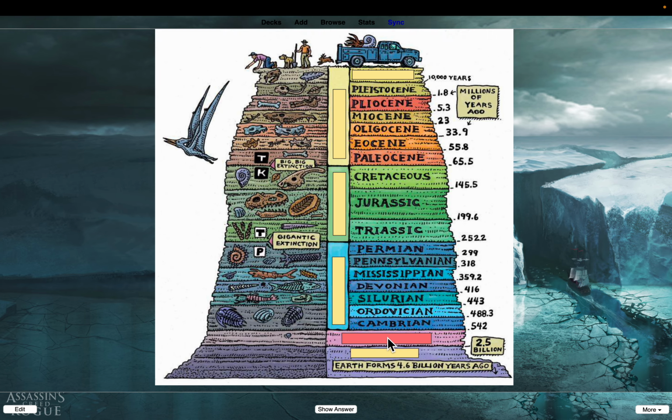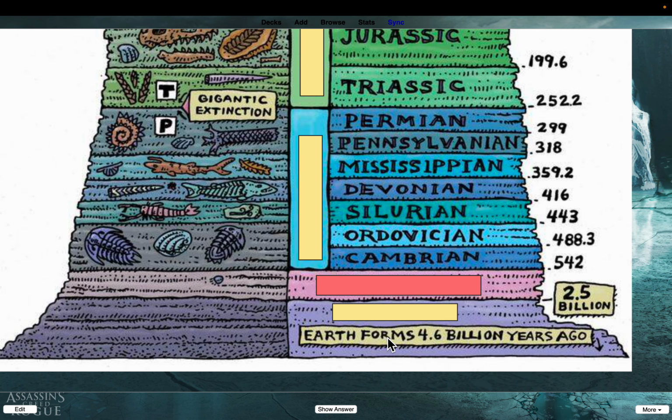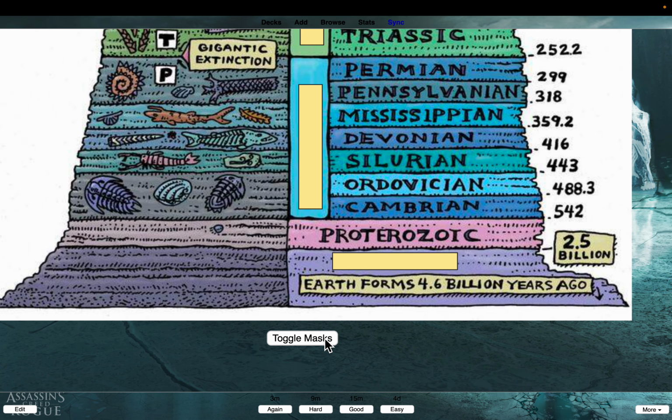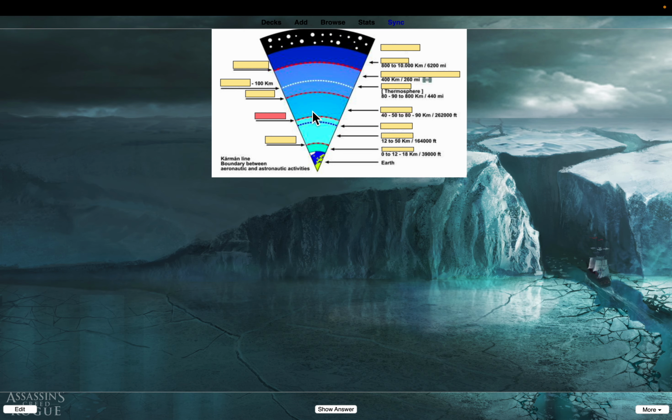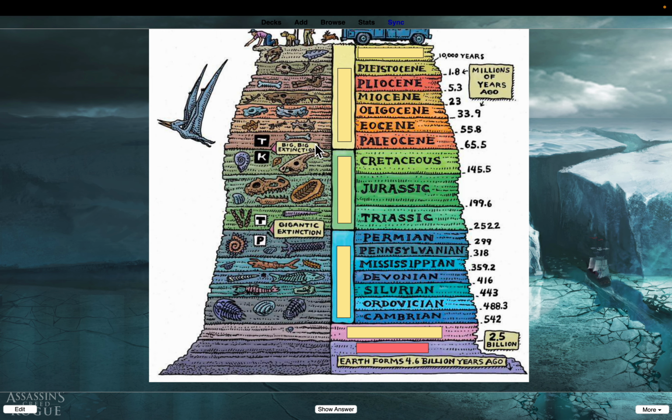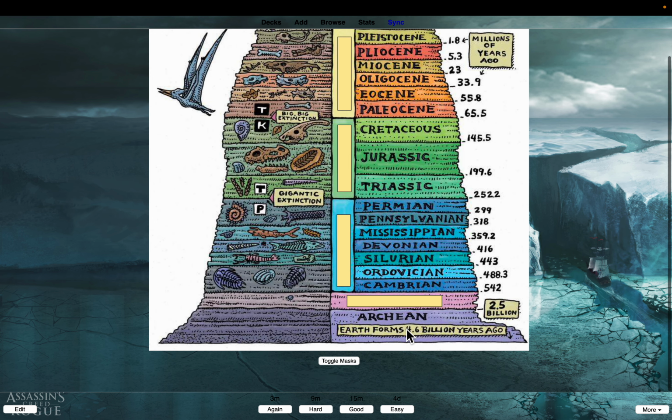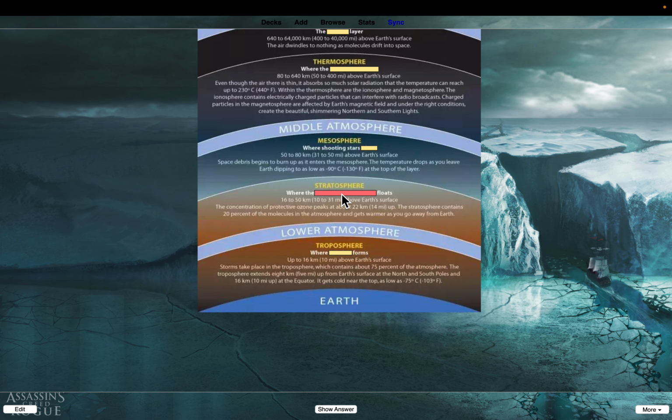This one is not the Archean. It's the one after the Archean, Proterozoic. Okay. Stratopause. Where the ozone layer floats.